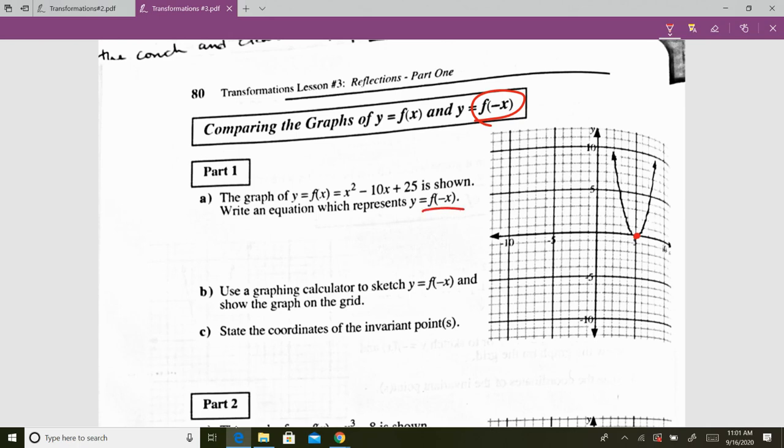If we do f of negative x, it will flip over to negative 5 and open up like that. And algebraically, you can show that because whatever's in brackets goes in for all your x's. So you don't have to write this down, but this is just the algebra behind it. You will get this, which then becomes this.